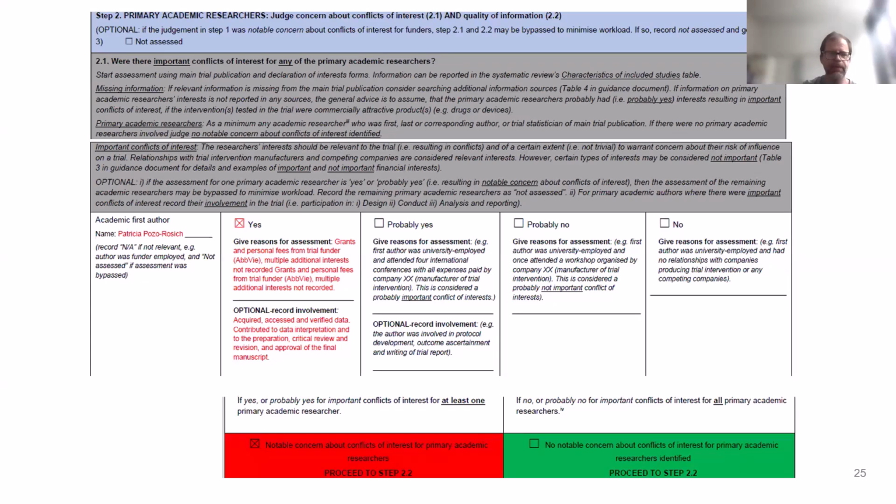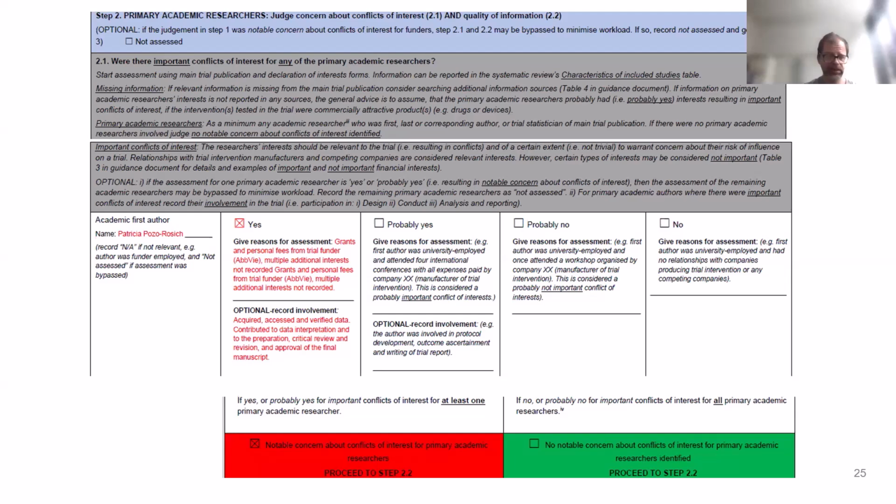And for primary academic researchers, we don't look at their involvement in the trial, because for them to be a lead author or a primary academic researcher, by default they will have been importantly involved in the trial, because they will have a leading role in the trial. So we only assess whether conflicts of interest are present to an important degree.